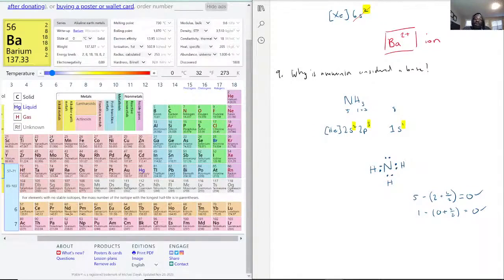So now, what do you notice right away? That NH3 has a lone pair, okay? So the definition of a Bronsted-Lowry base is that it has a lone pair that it can use to attack and take a hydrogen. Not even just a hydrogen, specifically a proton.